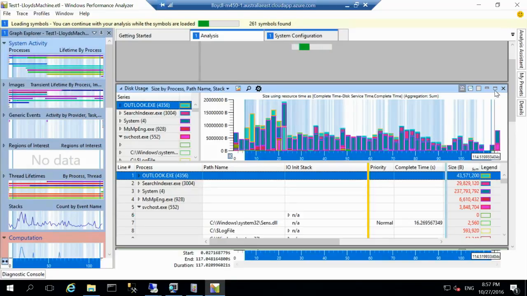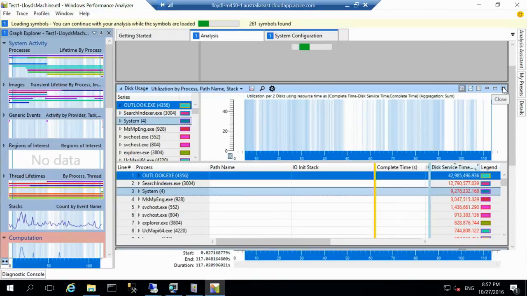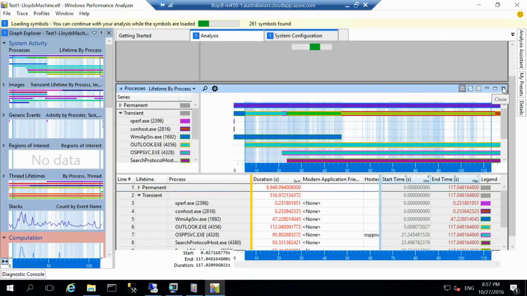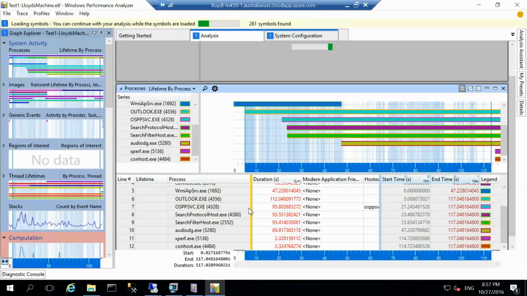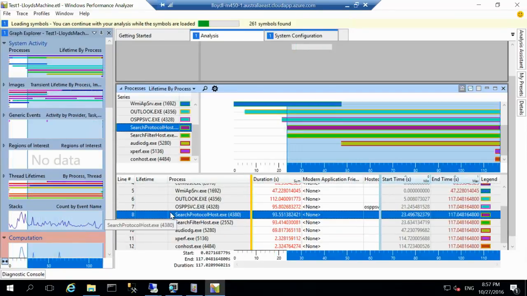If I pull out this one, you will see straight away, processors, lifetime, okay? You will then be able to see for each SVC host, you can actually drill down and it'll tell you exactly what were the DLLs that were loaded. So the DLLs that were loaded will tell you exactly which service it was, because that particular host is loading those DLLs, which means that they are the ones that actually are in there, okay?